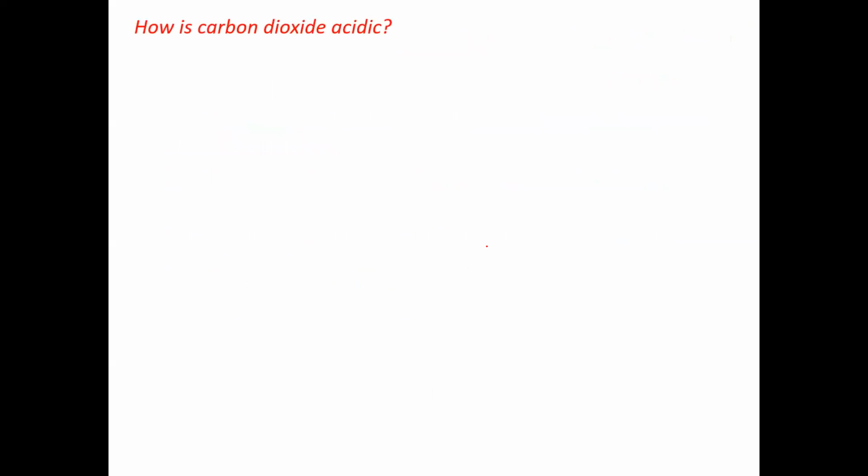So how is carbon dioxide acidic? This is related to that last exercise you did in the lab. Remember, you were blowing carbon dioxide bubbles in. Carbon dioxide reacts with water, and it does this naturally. And this is what we get. If anybody knows what that is, it is carbonic acid.